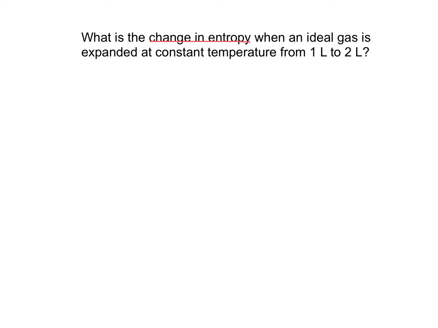And we want to do that calculation when the volume is changed. So the partial derivative that we want is the change in entropy. How does the entropy change when I change the volume?